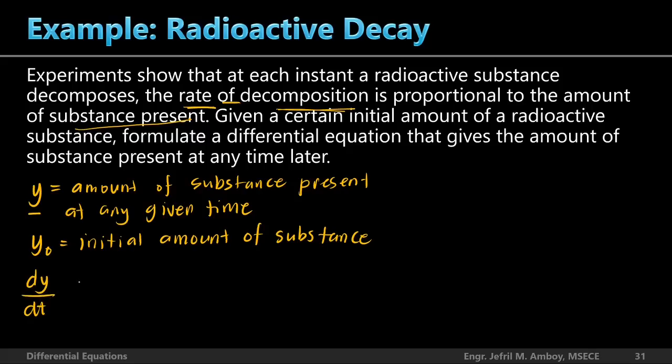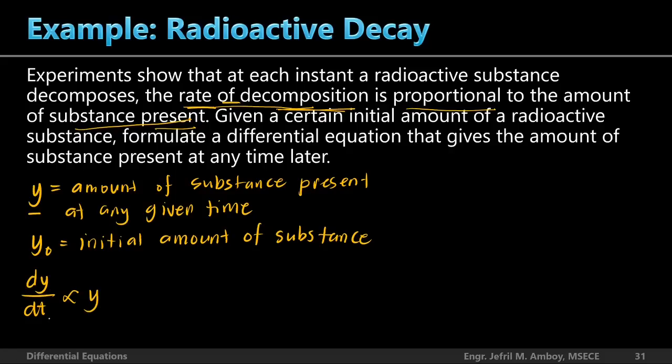And according to the problem, this rate of decomposition is proportional to the amount present, and the amount present is y. So we can represent this worded expression as dy over dt is proportional to the amount of substance y.